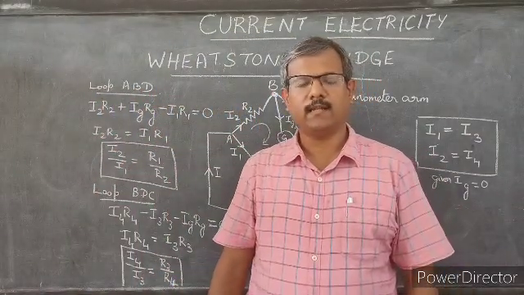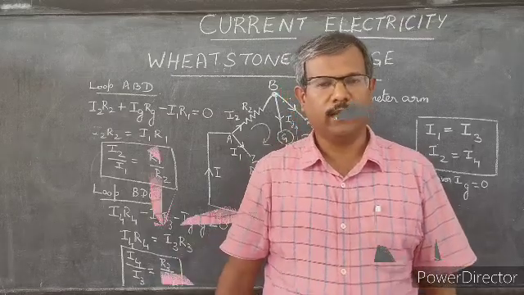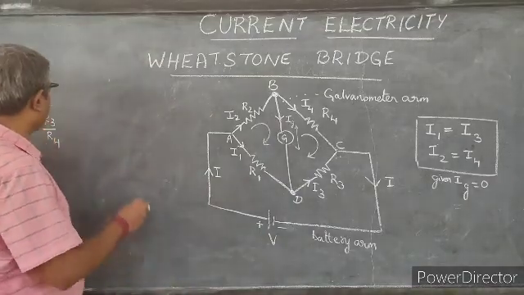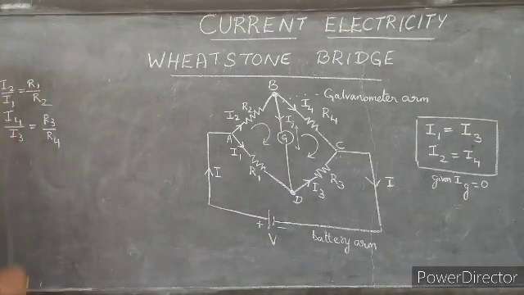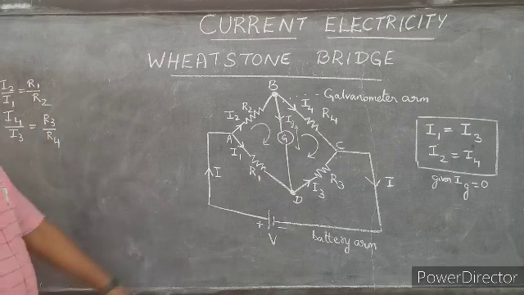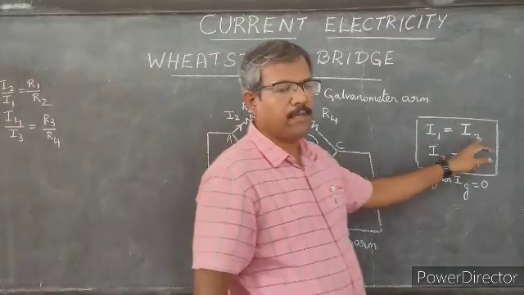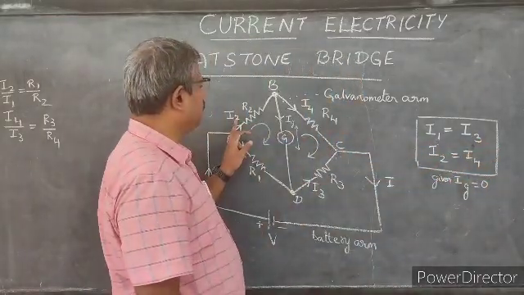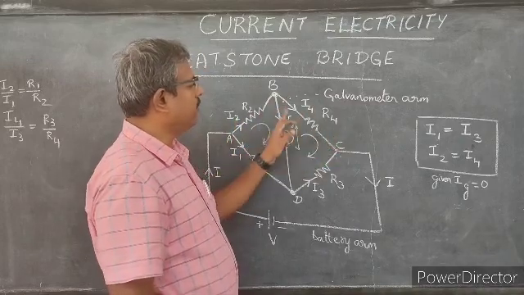Now, let's compare the results we have got so far. Comparing the results we have obtained so far, we have got I2 by I1 equals R1 by R2 and I4 by I3 equals R3 by R4. And we also know I1 is the same as I3 and I2 is the same as I4, which means I2 is the same as the current flowing here.